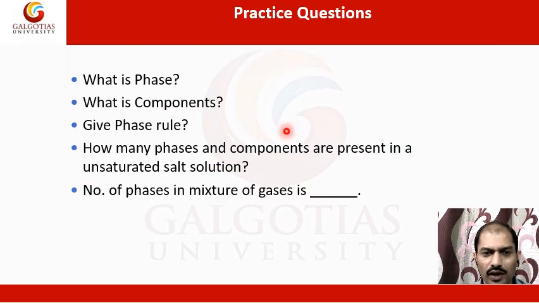Now there are a number of questions which can be formed from this overall lecture: what is a phase, give some examples of phases, what is a component, what is a two-component system, what is the phase rule, what is the expression for the phase rule, and what is the meaning of the different terms used in the phase rule equation.